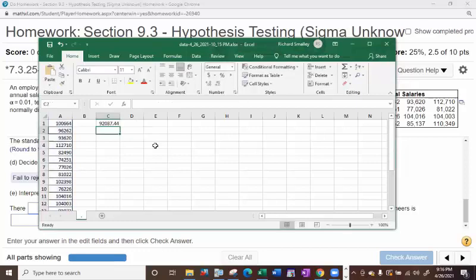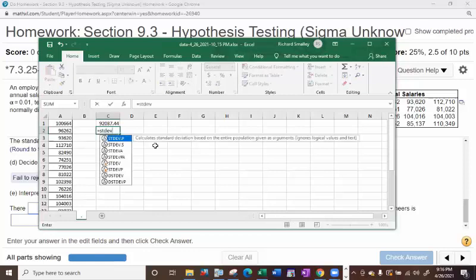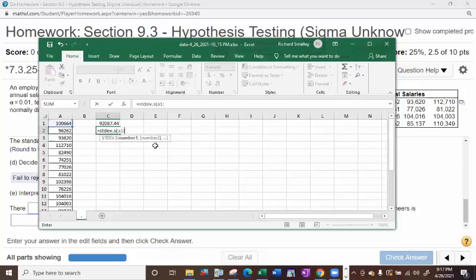And then I could go equals STDEV.S, and there's your sample standard deviation. So you enter those numbers in there, and like I said, use the stats instead of the data, and don't type them all in a list. It's too bad I wasn't clever enough to think of that the first time. But I'm glad I thought of it at least now, so that might be the way to go.